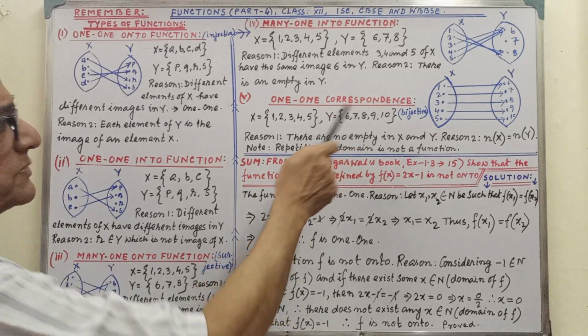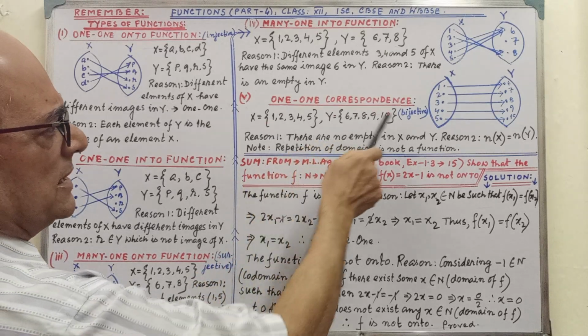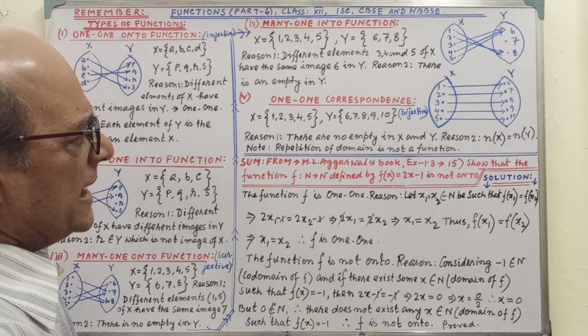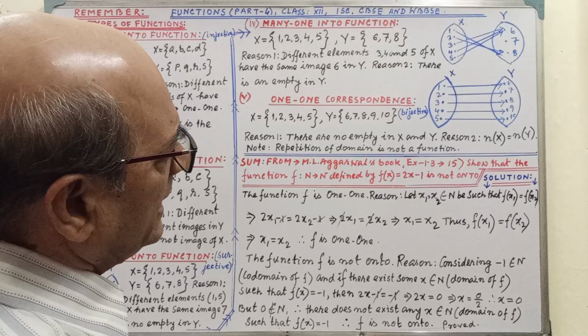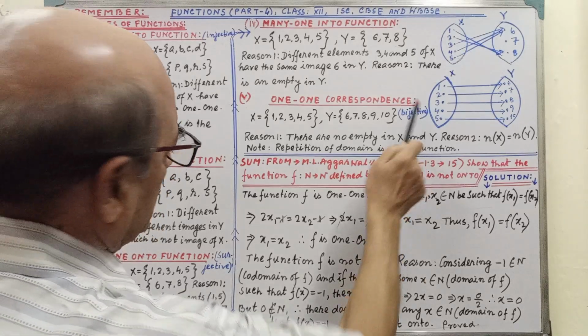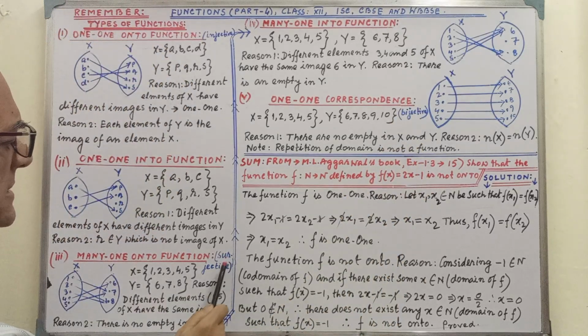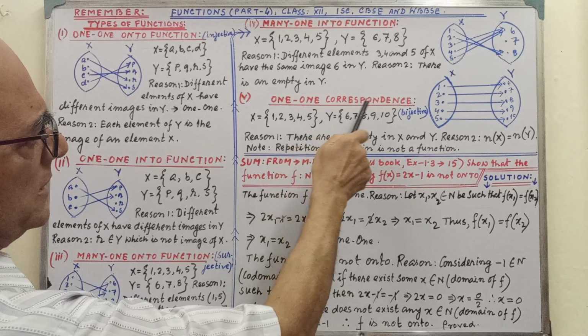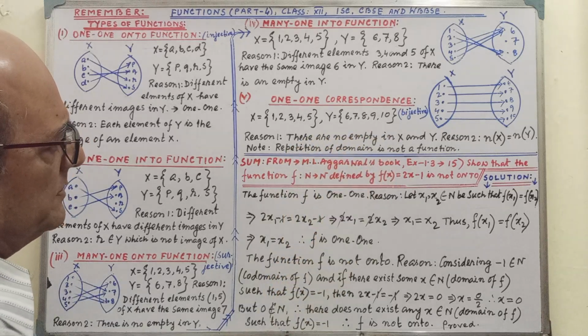And one-one correspondence, X is this, Y is this. This is known as bijective. And this is known as surjective, many-one onto. One-one correspondence, that is bijective.